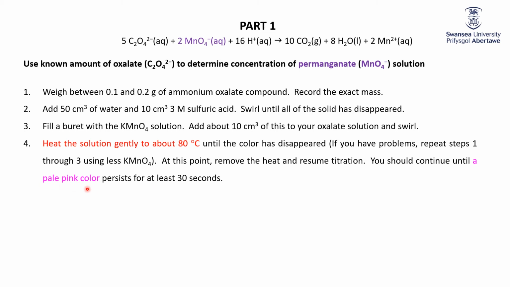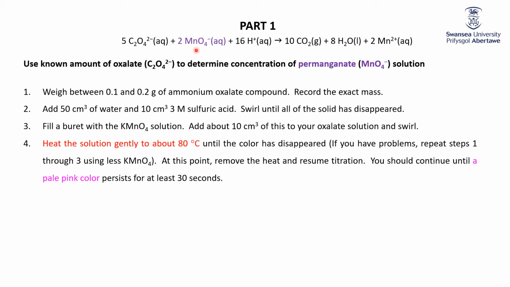Now, I debated making this a post-lab question, but that would, I think, mess things up as we're going through. So I'm going to tell you what this pale pink color means. We've got the oxalate, we add purple, the purple reacts and becomes colorless. We add a bit more purple, it reacts and becomes colorless. Are you bored of this yet?